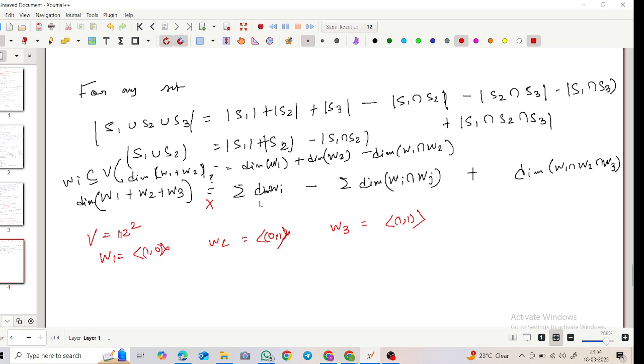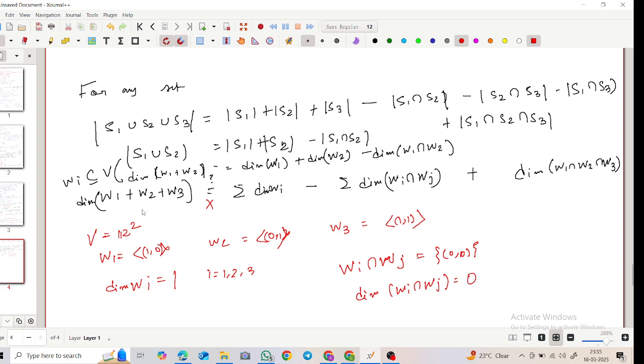Now you see the dimension of Wi is 1 for all i equals 1, 2, 3, and Wi intersection Wj is always the origin, so its dimension is always 0.